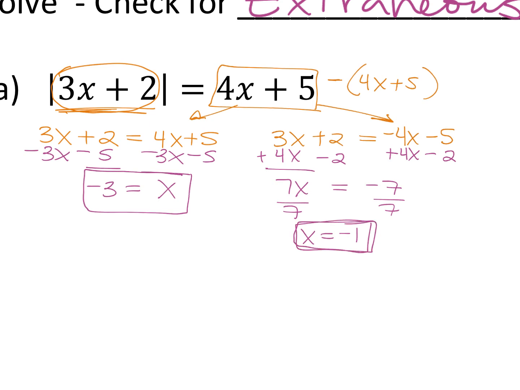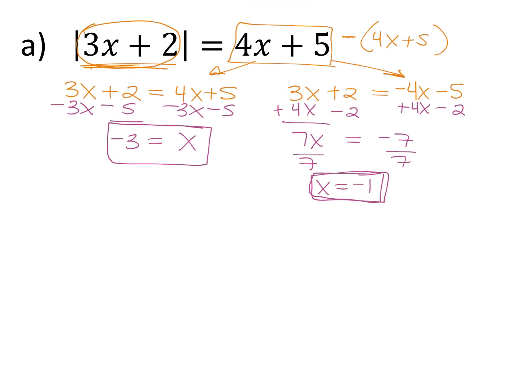Okay, but remember, we said we have to check for extraneous solutions. Any guesses how you check for that? Plug them in, okay? That's all you gotta do, plug them in. So if I plug this one in, it's the absolute value of 3 times negative 3 plus 2. That has to equal 4 times negative 3 plus 5.